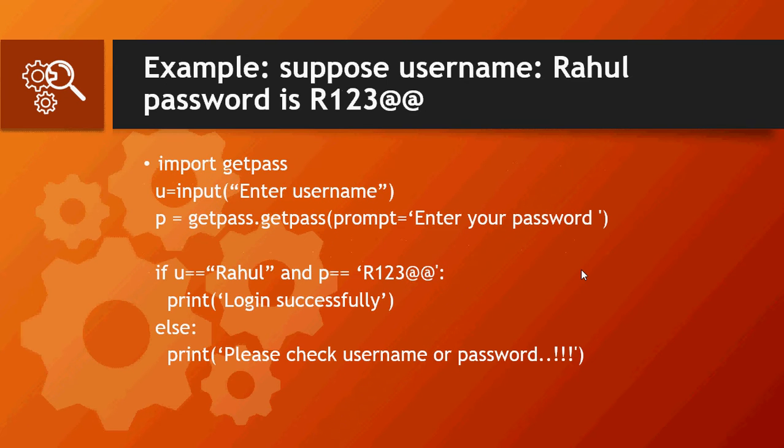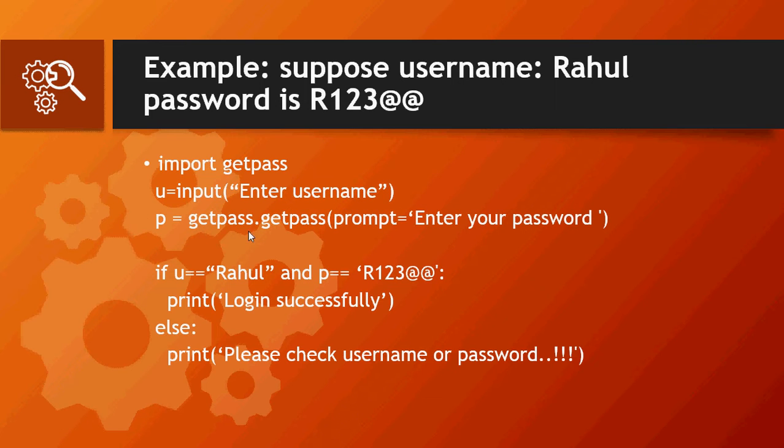For example, suppose the username is Rahul and the password is r123@. Now import getpass, as you know that the module is required to import. Then u equal input, enter username, then p equal getpass dot getpass.